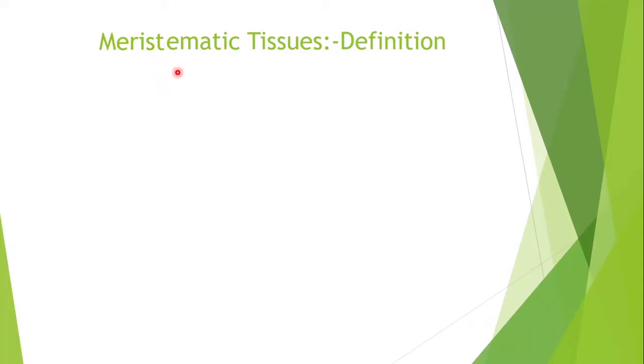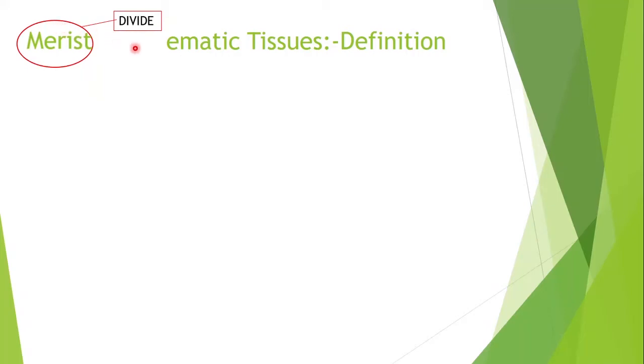This term meristematic is derived from a Greek word merist, which actually means divide. So can you guess what this tissue is going to be? Something which can divide. It is simple to remember: merist means divide, so something which can divide should be meristematic tissue. That is your guess, right?